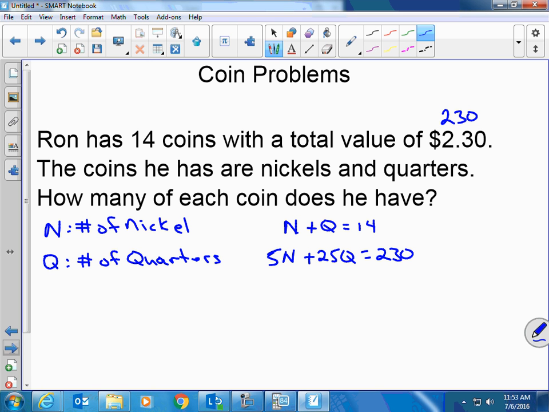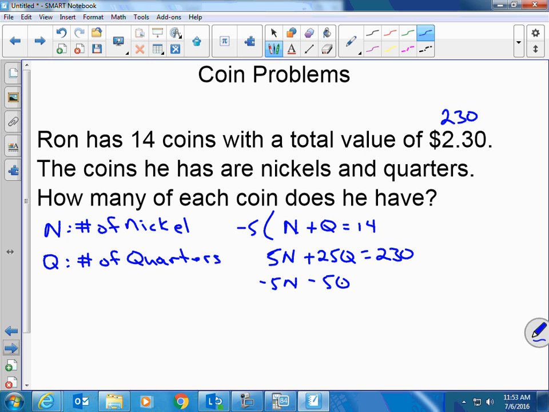Okay, pick a technique. This one does not say N equals or Q equals, but I could make the first equation say N equals or Q equals pretty easily. So like N equals 14 minus Q, and I could use substitution now, but I'm going to use elimination this time. So I'm going to multiply the top by -5. Negative 5 times n is a negative 5n.